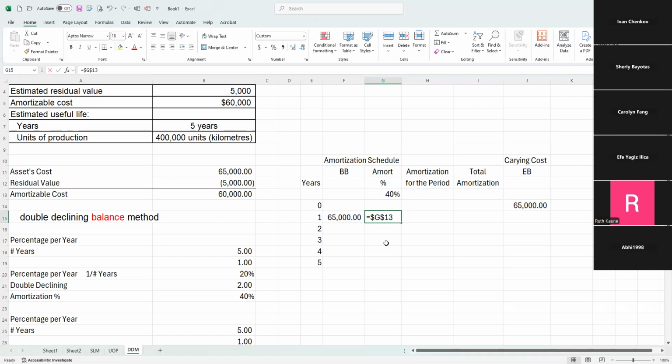Equal, just a second, equal to this amount. Why is that? Ah, because it's a percentage, I need the percentage, that's why.